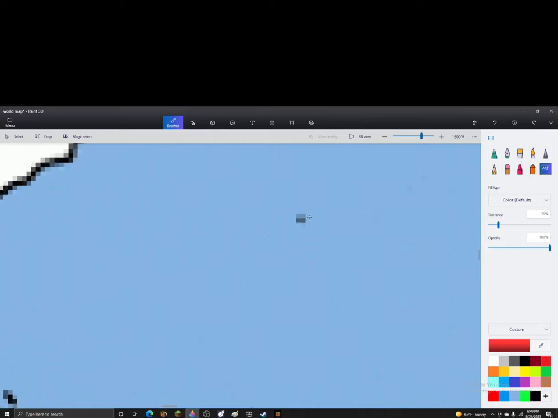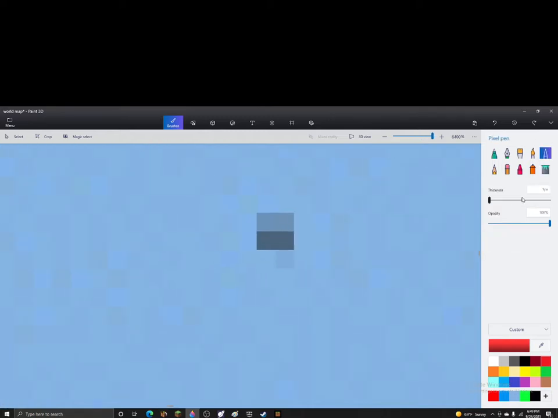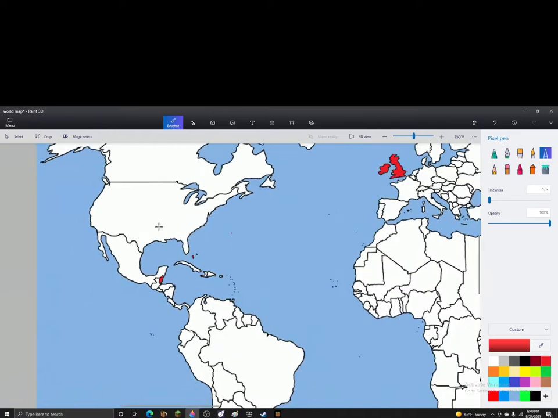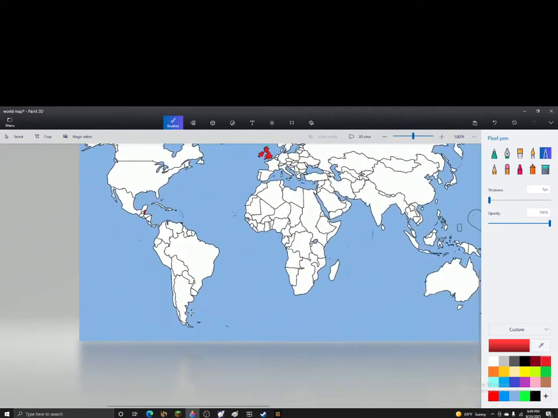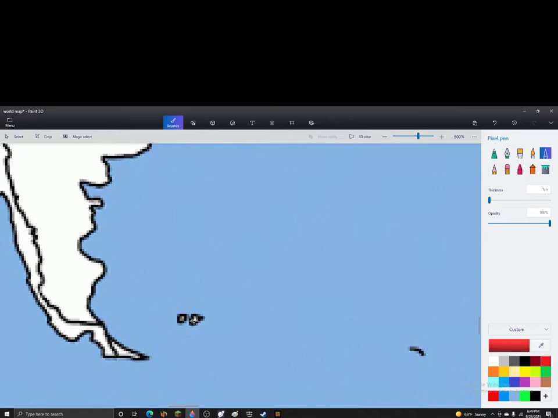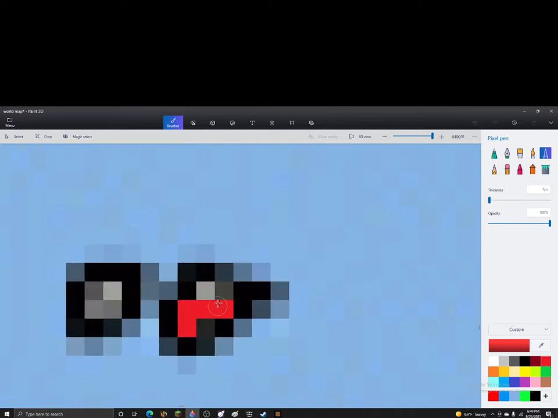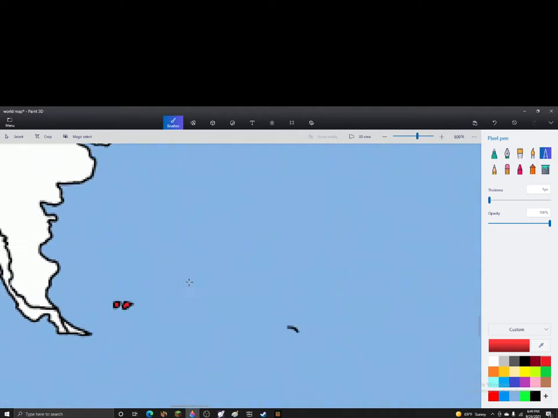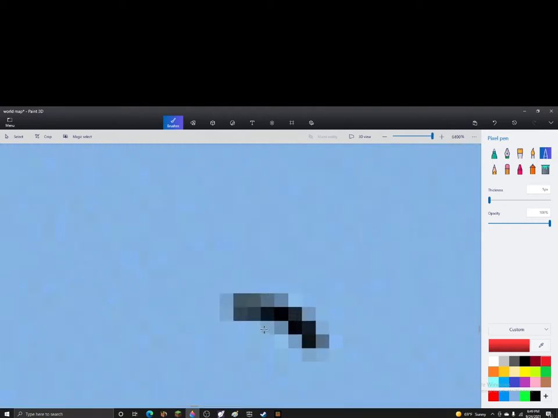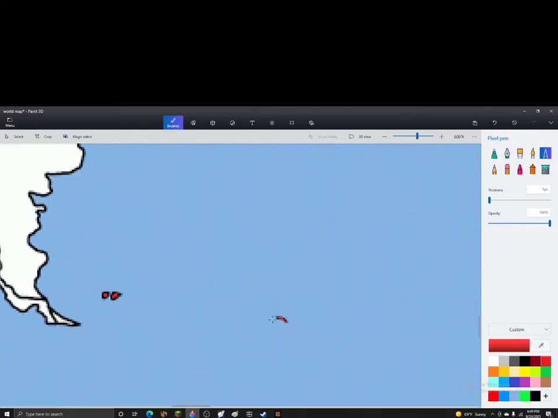I'll just have to color them in myself. Okay. Boom. They're British now. They also have, nowadays, the Falklands. The Falkland Islands off the coast of South America. And then they have South Georgia.